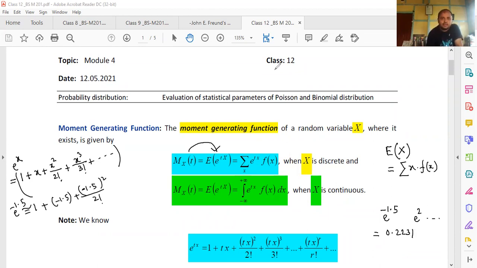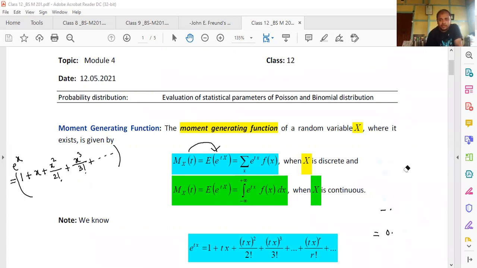Why am I considering this particular series e to the power x? Because in this moment generating function, you can very well see that e to the power tx type of thing is present. Now, if we know this particular series, then we can write e to the power tx as follows.